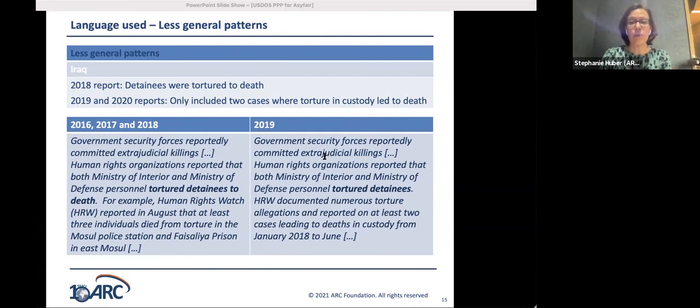Elsewhere in the 2019 report, it also used a local press article to report on the death of 9 detainees in custody during an interrogation, suggesting that they did not die of natural causes. So they did include examples, but by reducing a general pattern to 2 or 3 examples, it might be read to imply that the practice no longer occurs on a regular basis. And if you're a user of these reports and you just briefly glance over them, you might miss the actual general pattern here, that torture leads to death in custody.